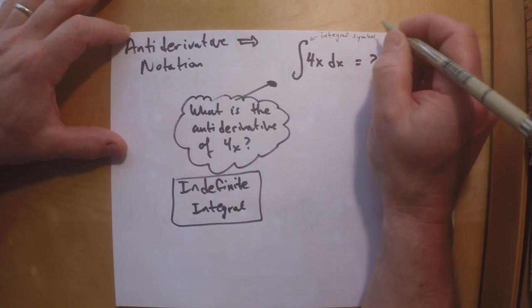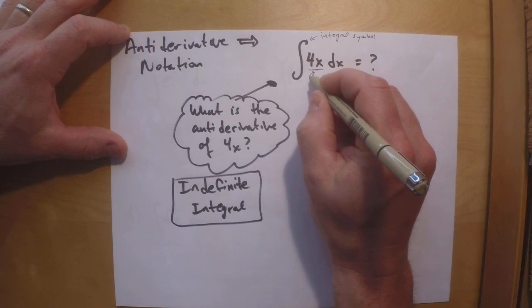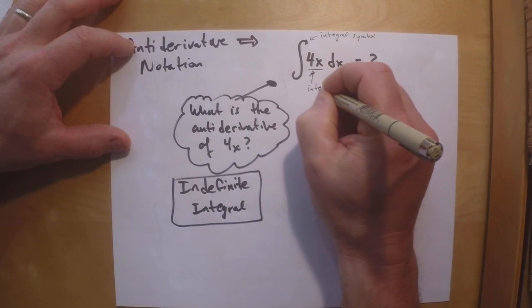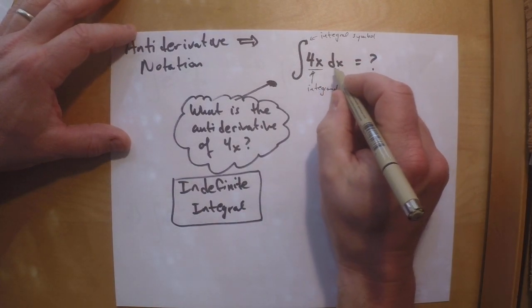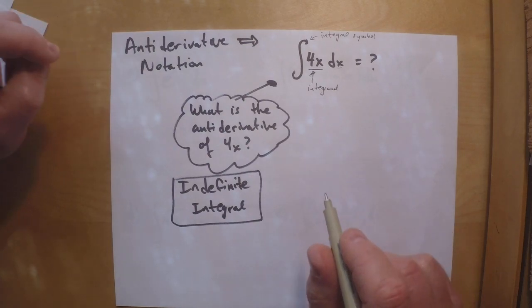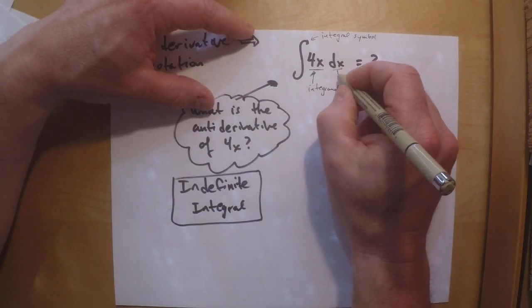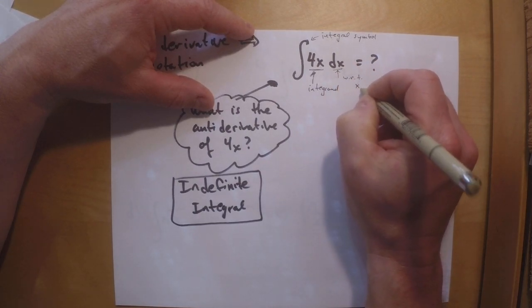This part of it is the function that you're integrating or taking the antiderivative of, and that's called the integrand. And then this little dx is kind of a flavor or a note of derivatives in there. That's just with respect to variable x.